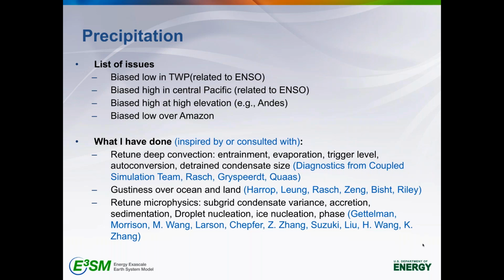And then Bryce Harrop did an offline study and showed that if we turn on the gustiness effect over land, it might also help the Amazon precipitation. And then Shibing and Phil and we also talked to the land group, and they also think this might be worth a try. So after the meeting, I came back to Pian and Leo, and I couldn't help it, just tried this, did a code modification, and they did show some very interesting improvements. And I'll show in the next slide.